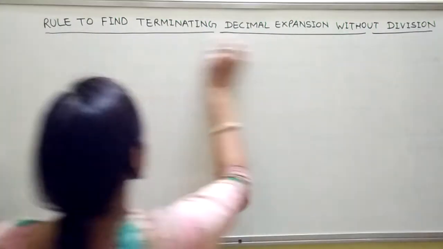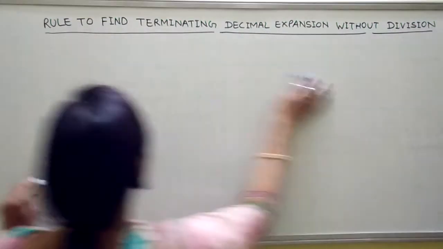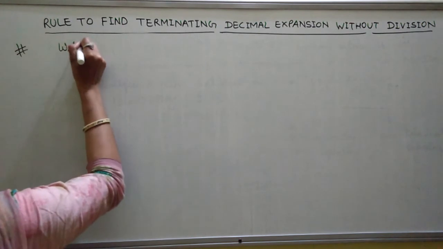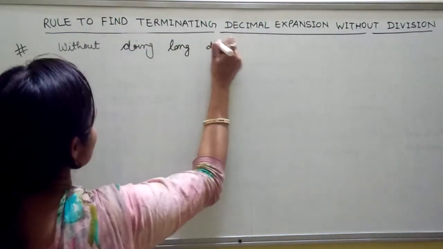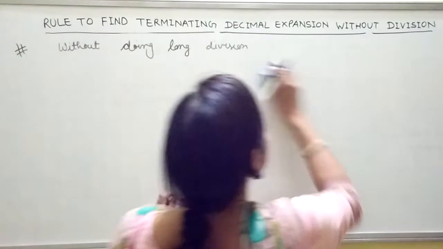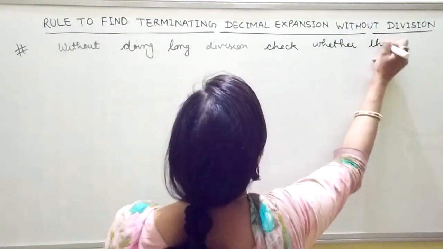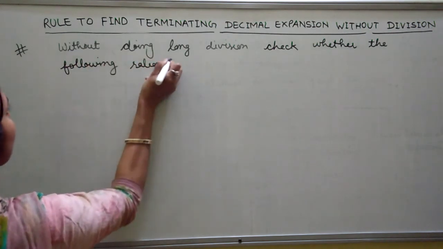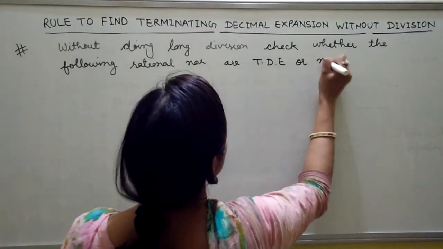The question demands: without doing long division, check whether the following rational numbers are terminating decimal expansions or not.